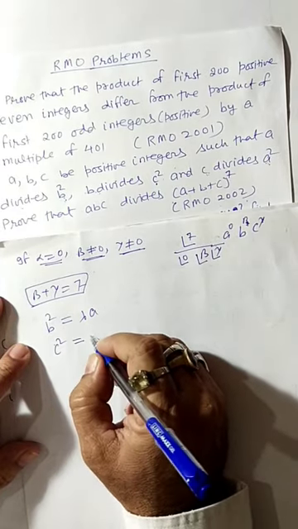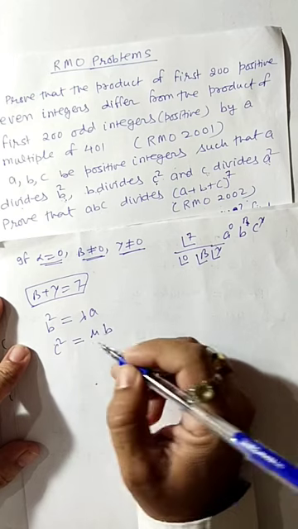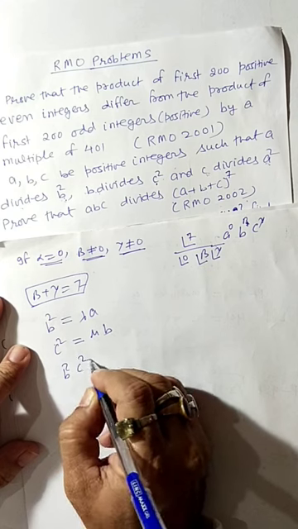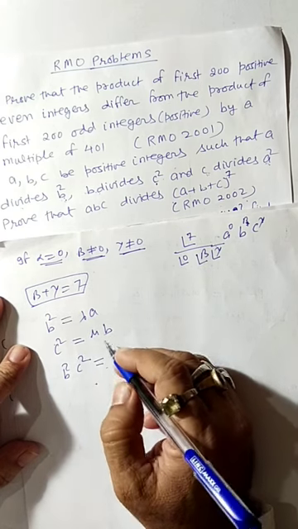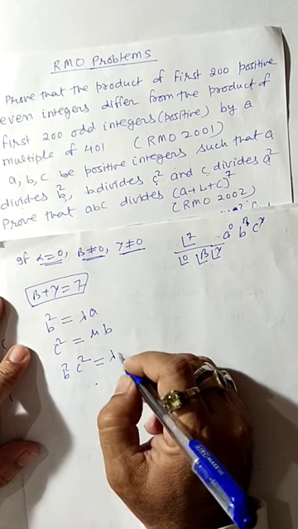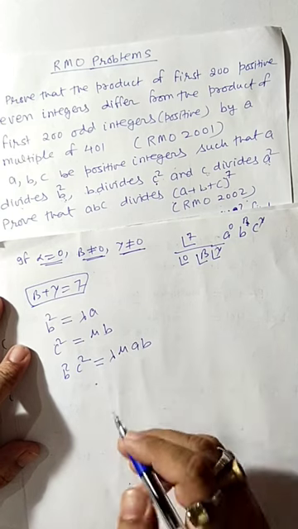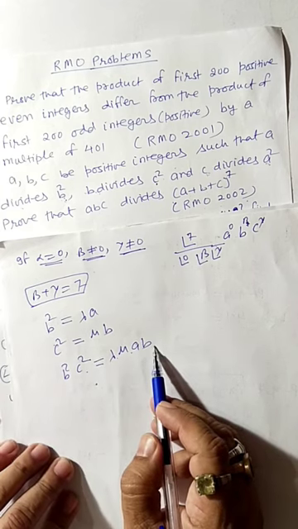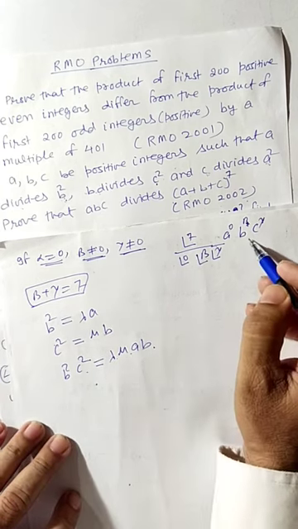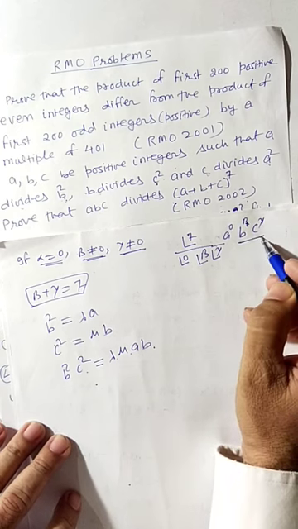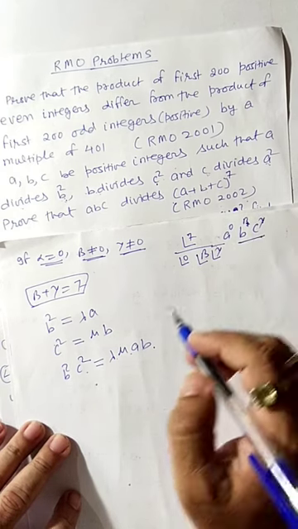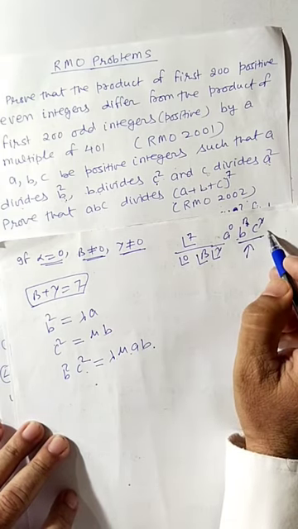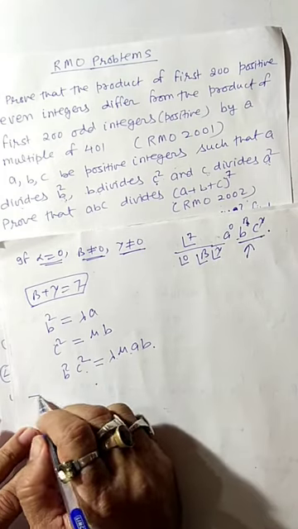So if you multiply them, b square into c square equals lambda into mu into ab. Using this result, we can introduce a here, and this will be a multiple of ABC.